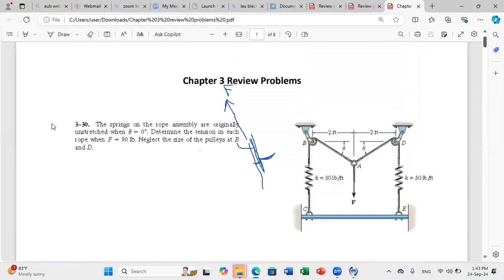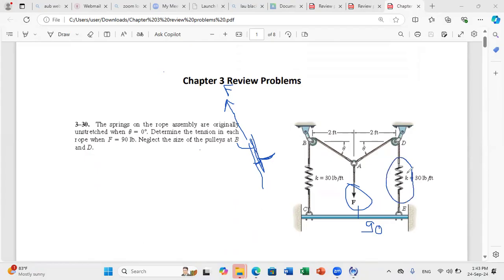Okay, look. So first here, what do you have? You have the springs on the rope are originally unstretched when theta was equal to 0. Determine the tension in each rope when F is equal to 90 lb. Okay, look, you have the value of F. So you are applying a force F equal to 90, and this force will lead to the stretching of the spring.